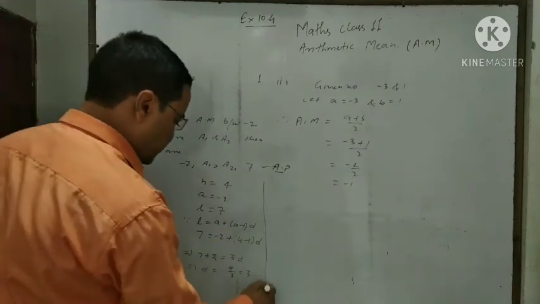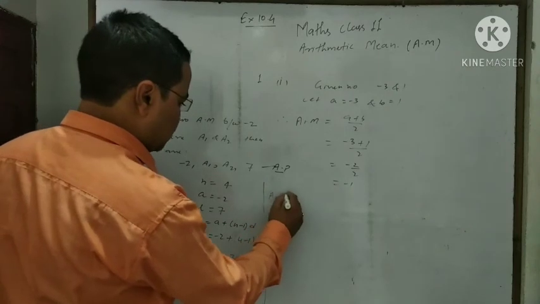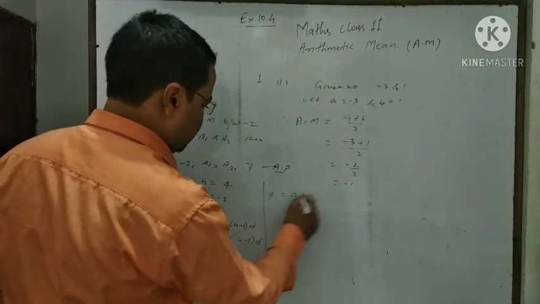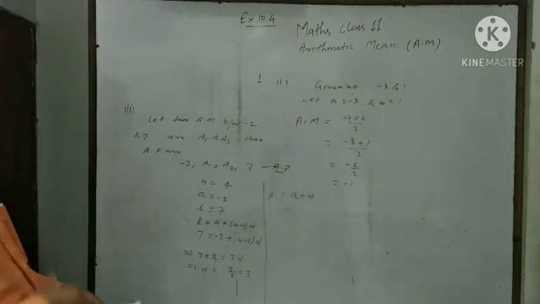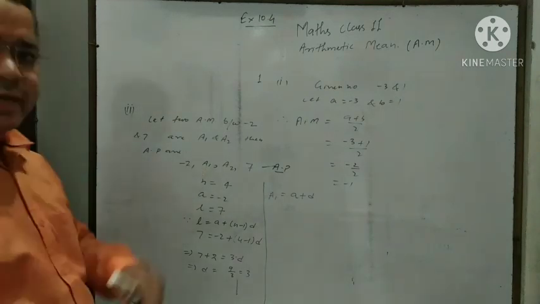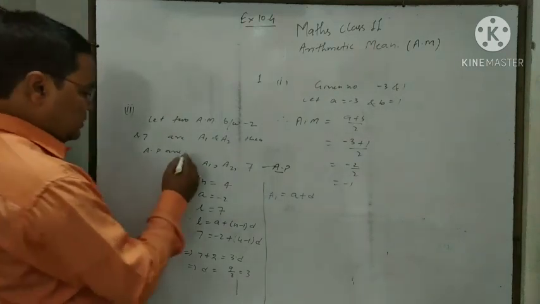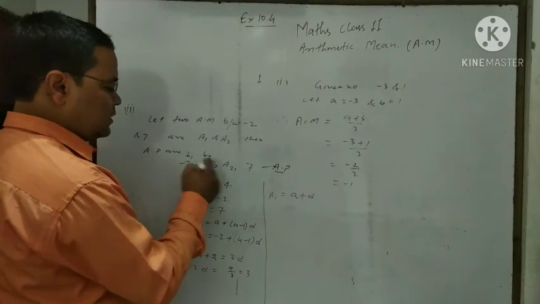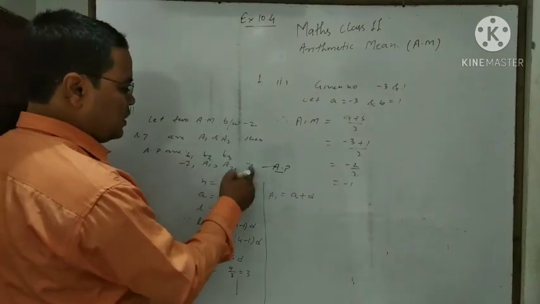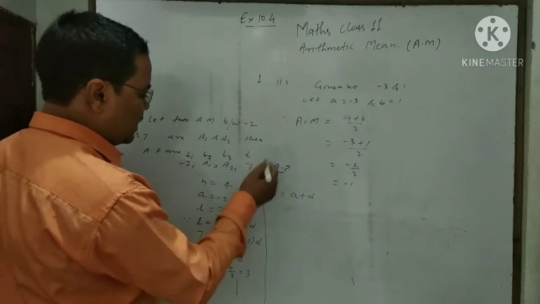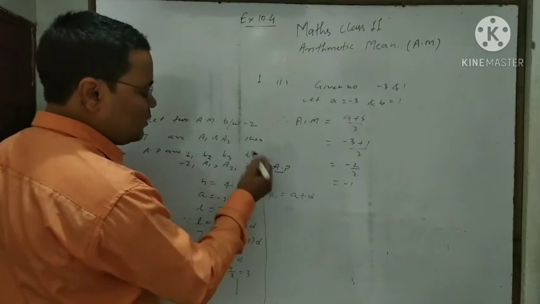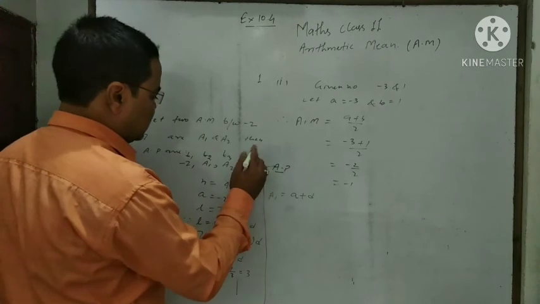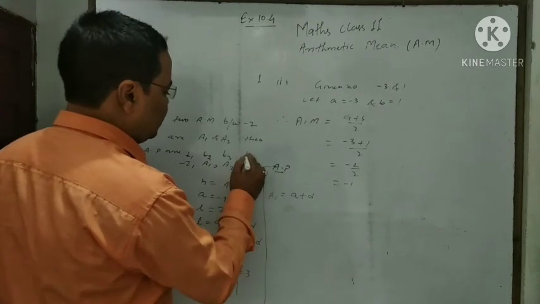Then the second term, what is a1? a1 is the second term, a1 is equal to a plus d. In this case -2 is the first term, a1 is the second term, a2 is the third term, and 7 is the last term, the fourth term. We can call it the last term l, or we can say tn also.